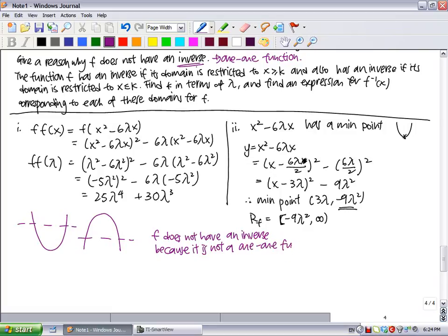Now to substantiate this, you can either draw the graph, or you can state that by horizontal line test, f is not a 1-1 function and therefore it does not have an inverse. Okay. So what they then told you is that if I restrict the domain to either be before a certain value k or after the same value k, then it has an inverse.